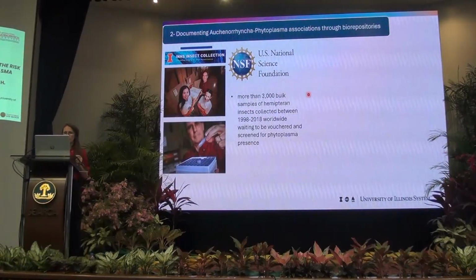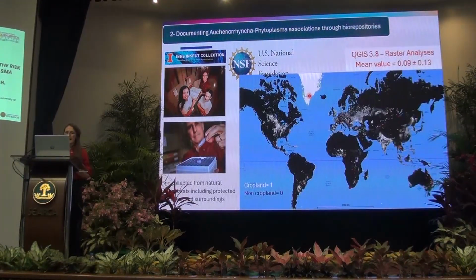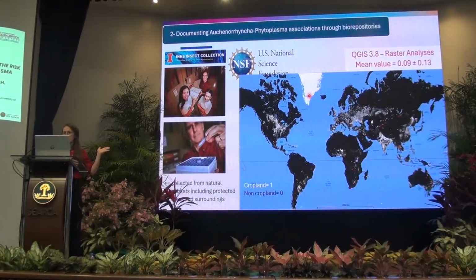Anyway, at the Illinois Natural History Survey, we have more than 1,000 bulk samples of Hemiptera insects collected between 1998 and roughly 2008 worldwide, and they are waiting to be processed and screened for the phytoplasma presence. Here I mapped them on this raster analysis.